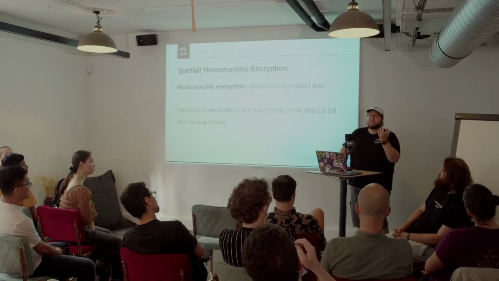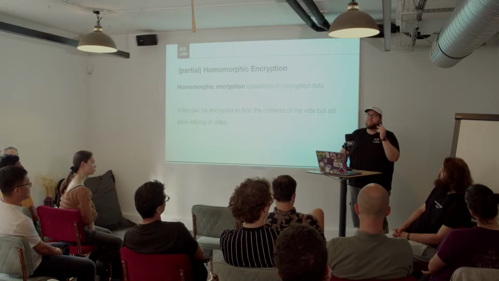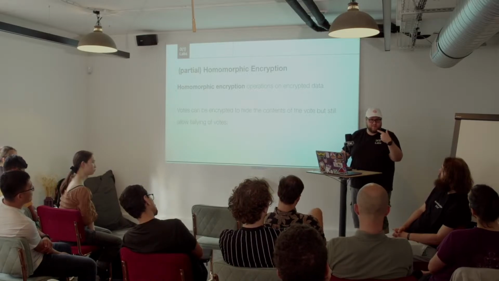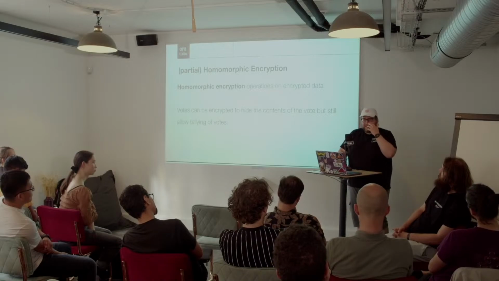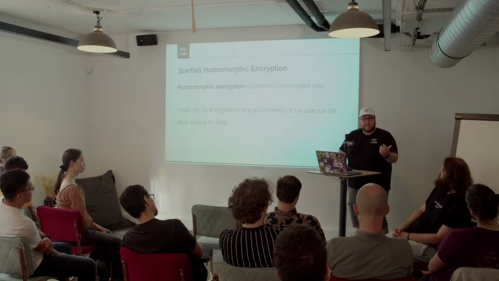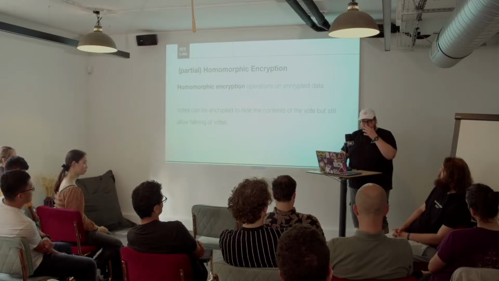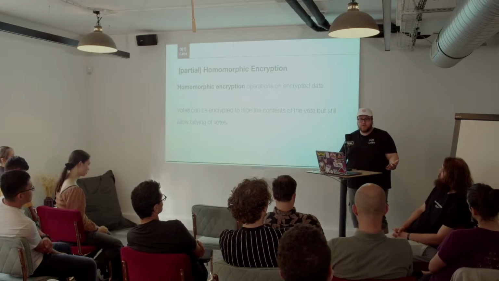The vote essentially is a piece of data saying yes, no, maybe, whatever you want to vote for, and then a ZK proof, right? The zero knowledge proof proves that you are a member of a Merkle tree, a list of eligible voters, but you never leak that data.